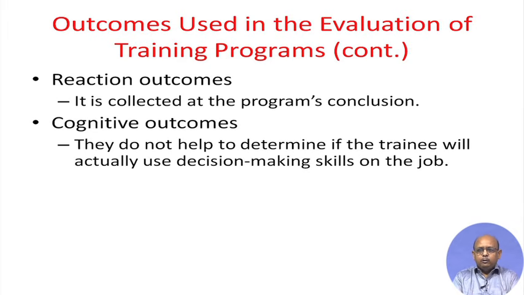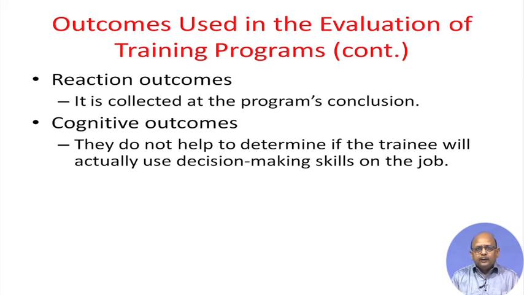You know that when you attend a training program, you give your feedback. Even as a student, you give your feedback, or as an industry participant, when you go to attend a training program, you give feedback about different aspects of the training program, related to delivery, related to the trainer, his communication, the content, and the design of the program. So, you give your reaction about various aspects of the training program.